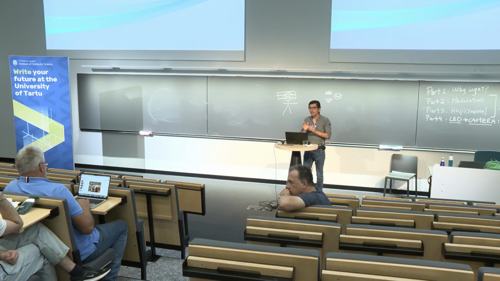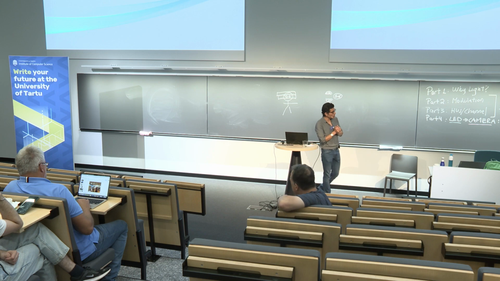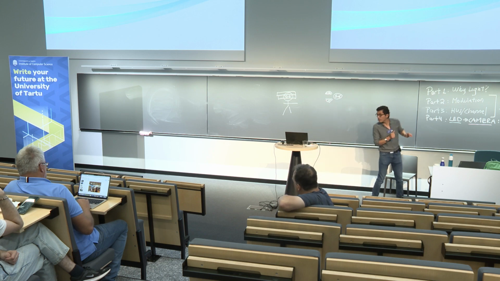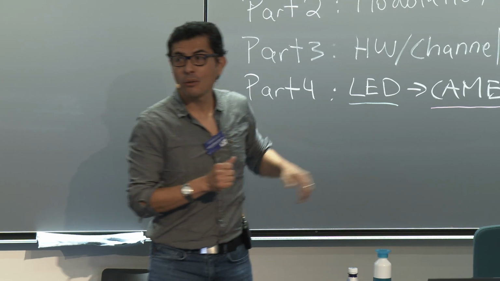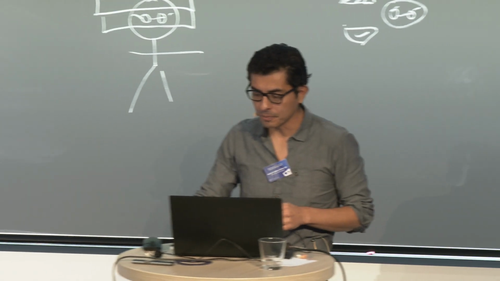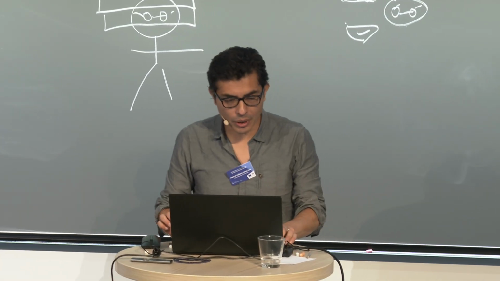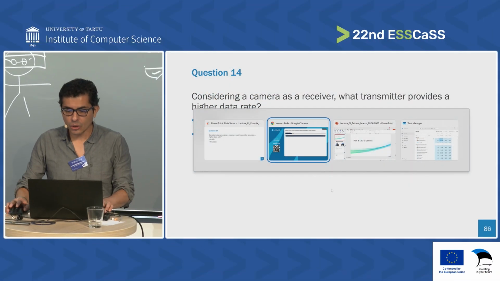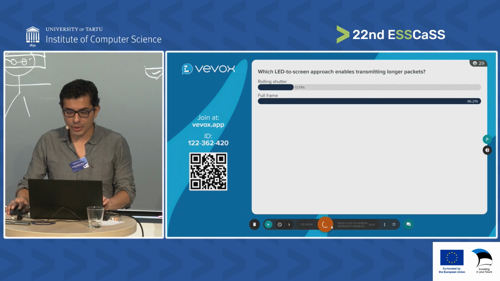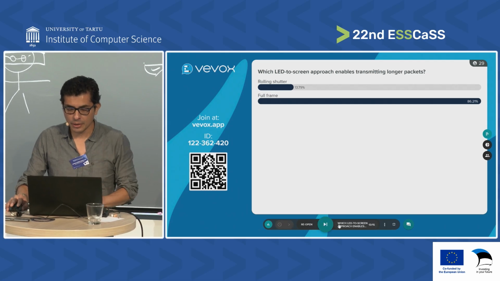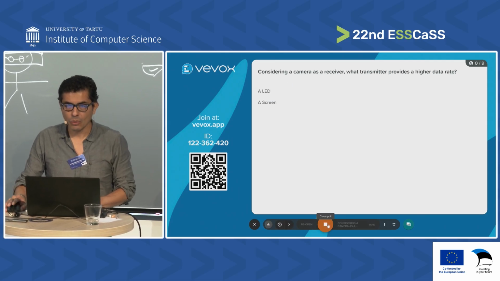Okay, so now we are switching. We are going to change the transmitter from an LED to a screen. Considering a camera as a receiver, so we are not changing the receiver, what would provide a higher data rate, an LED or a screen?